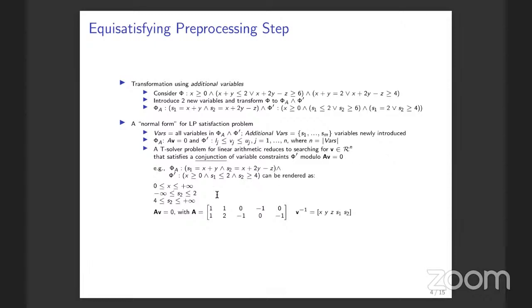So that matrix now has one row for every equation that you have. That depends on how many functional terms you have in your original formula. And then, the vector is just a column vector with the program variables as well as the additional variables.